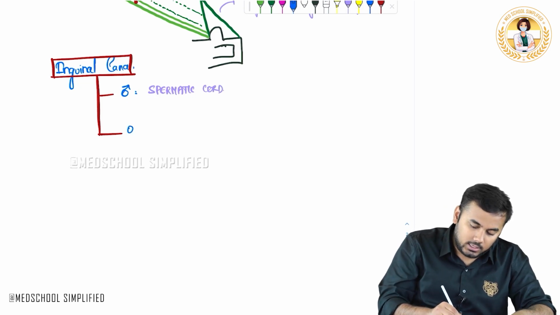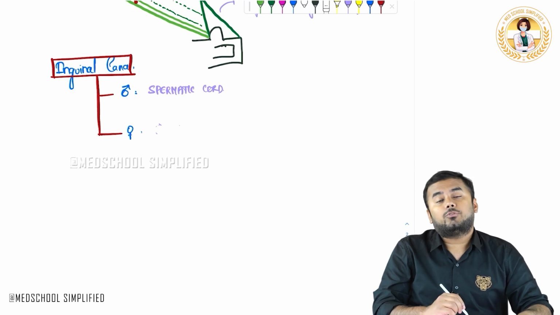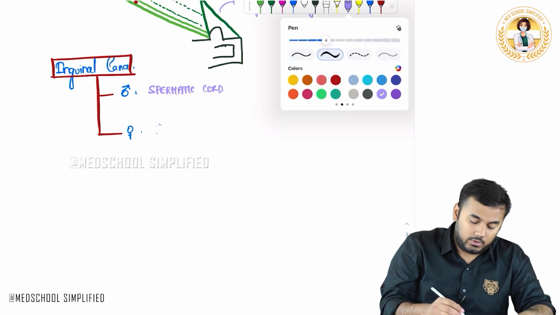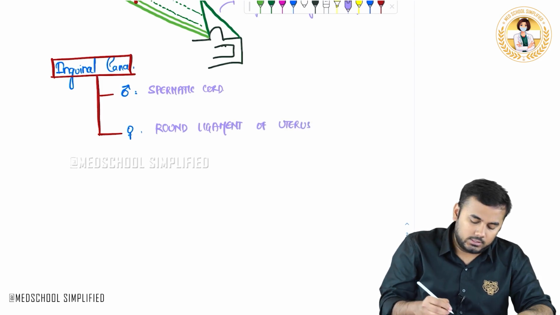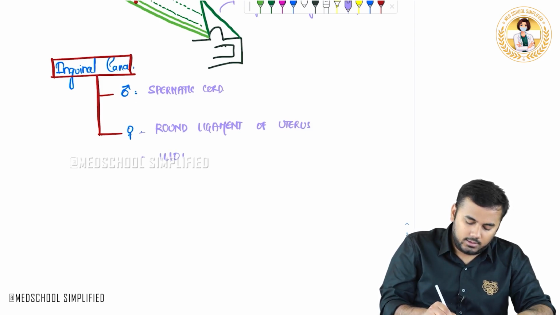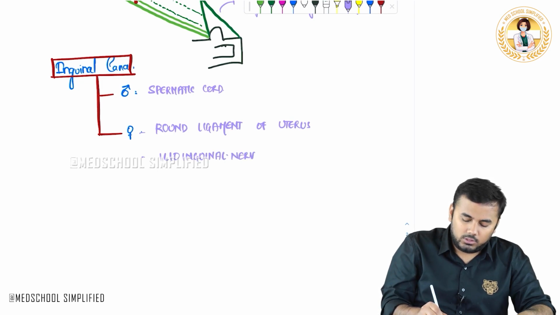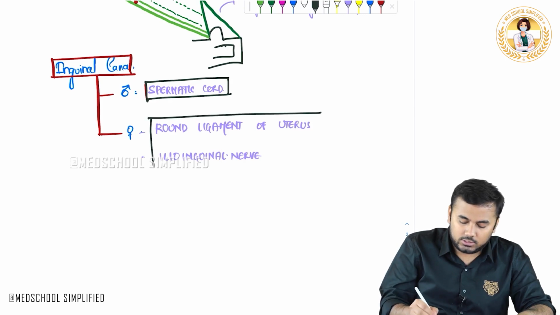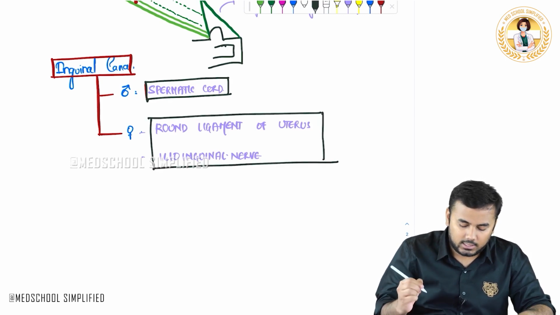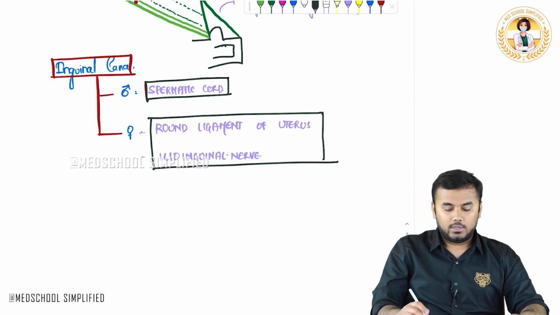But in females, the inguinal canal contains what? The round ligament of uterus and the ilioinguinal nerve. So there are two important structures which you need to remember. In males, one is the spermatic cord, okay, and in the females there are two structures you need to remember. One is the round ligament of uterus and the other one is the ilioinguinal nerve, okay, right.